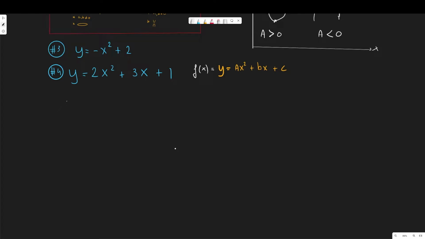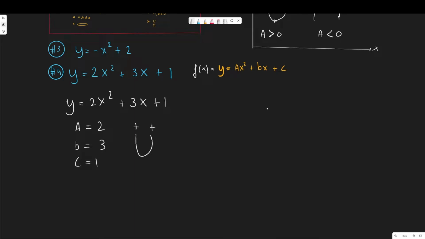For our fourth exercise, we have that y is equal to 2x squared plus 3x plus 1. So if we compare this with our general equation, we can see that the a coefficient must be 2, the b coefficient is equal to 3, and c is equal to 1. So because our a coefficient is positive, we will deal with a convex parabola.